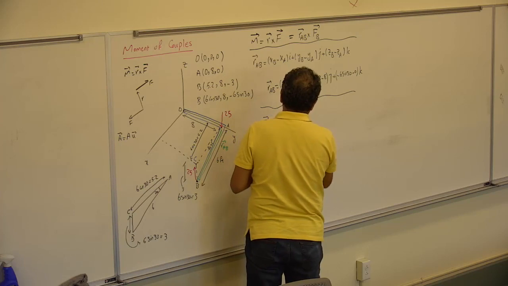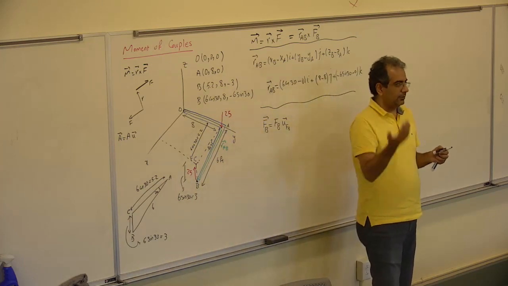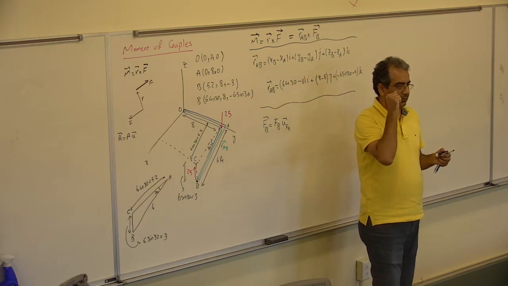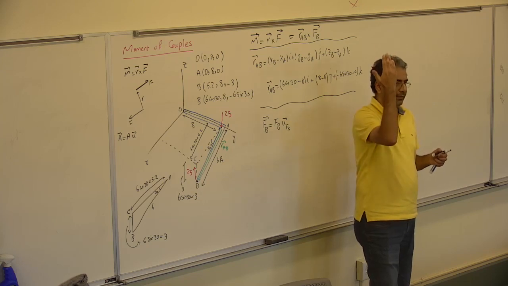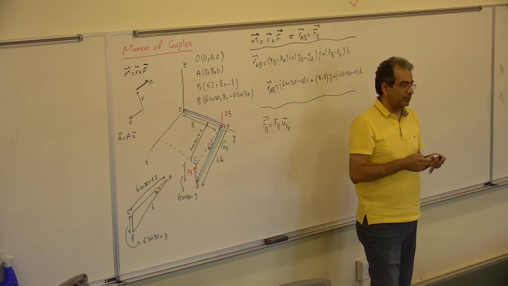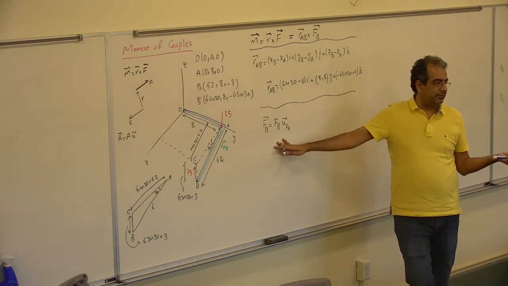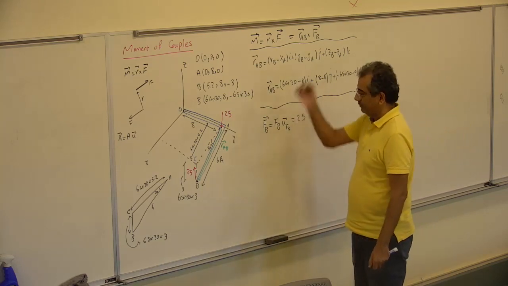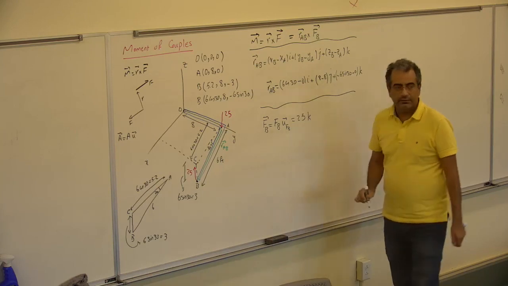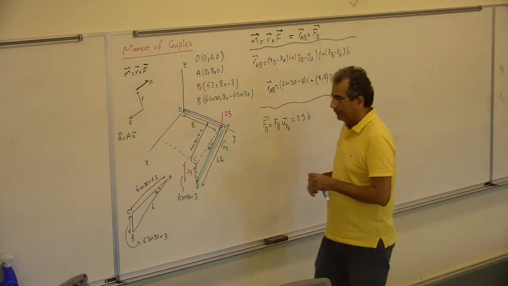The unit vector along FB is the same as the unit vector on the z-axis, and the unit vector on the z-axis is k. So it's going to be its magnitude, which is 25, because in the z direction, k doesn't have the i or j component.